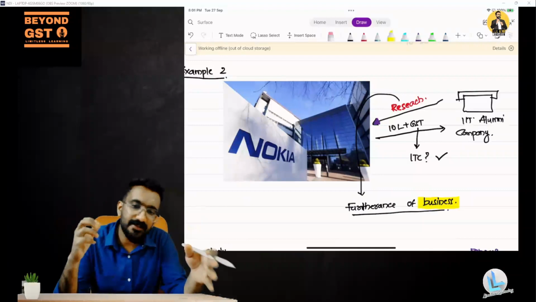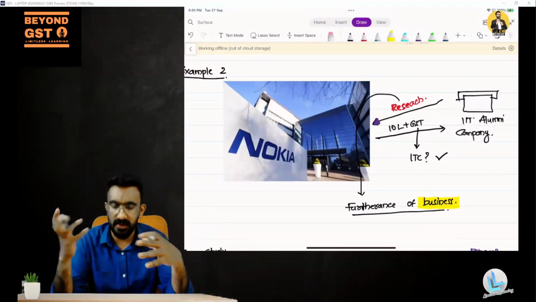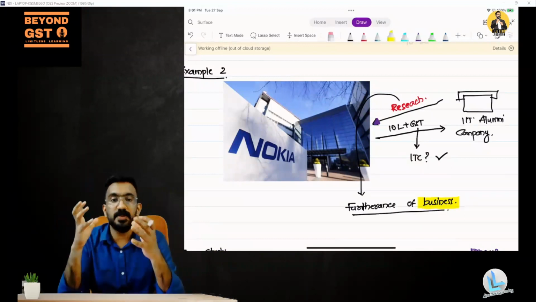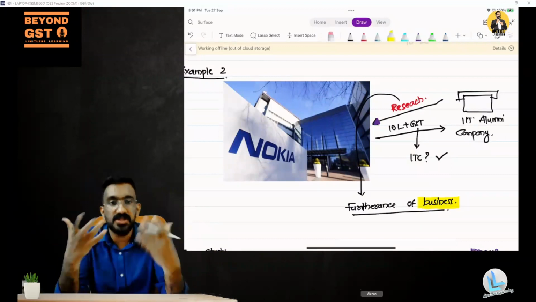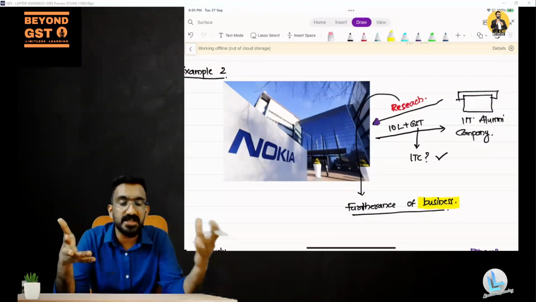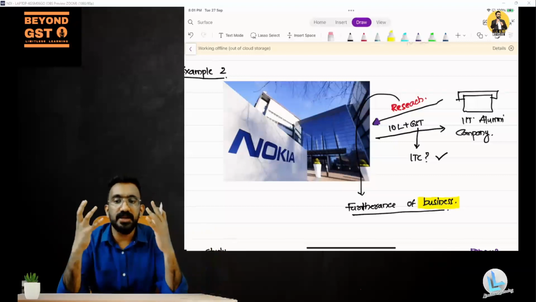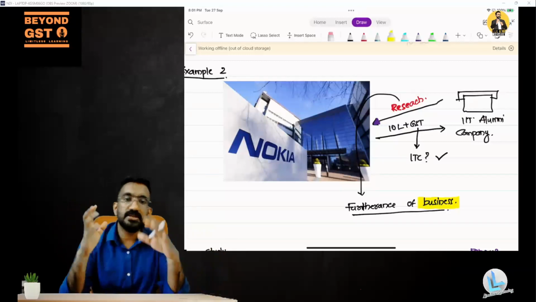Whatever IPR this company finds out after the research, Nokia will get it. So on behalf of Nokia, the research is conducted by this IIT-based alumni company. Every month, this company is going to charge Nokia 10 lakh rupees plus GST.